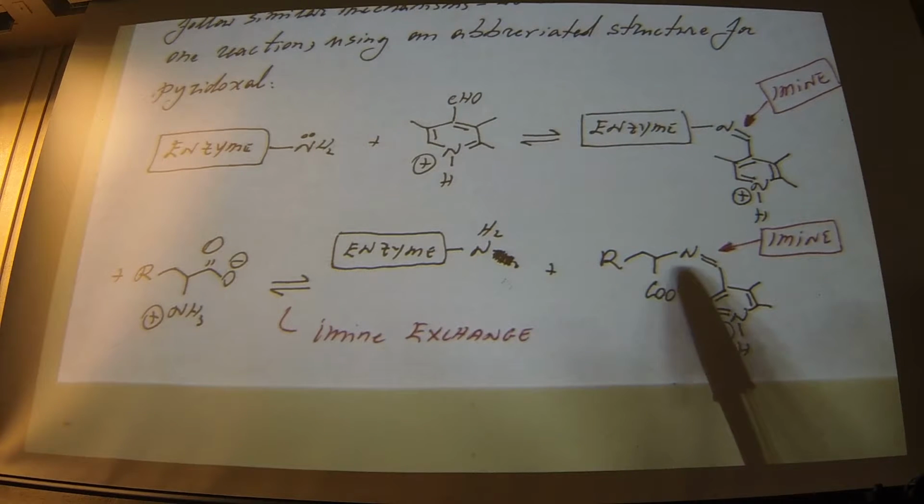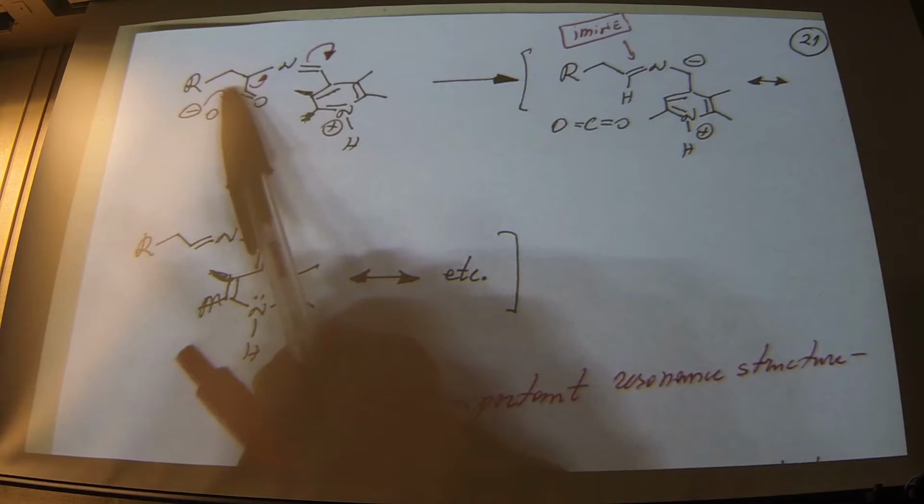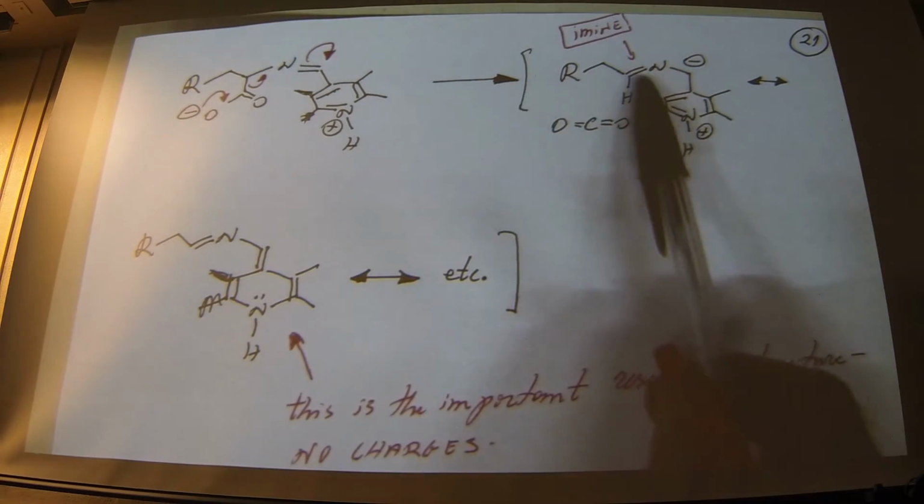And then here you're primed for loss of CO2 because the electron pair can migrate into the pyridinium ring. And so with loss of CO2, you can imagine how you push electrons, because I showed you how to do that, and here it is again, that you end up pushing electrons from this carboxylate to form a different imine here.